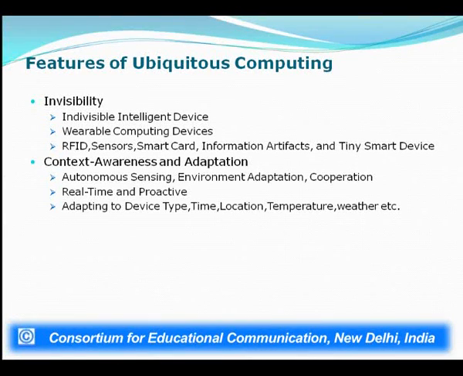The other is context awareness and adaptation. With the changes in the environment, the devices should immediately sense and adapt to the environment. For that we have autonomous sensors, environment adapters, real time devices.